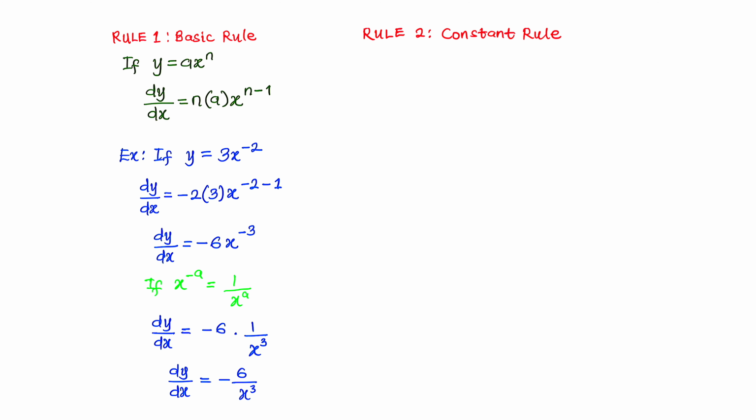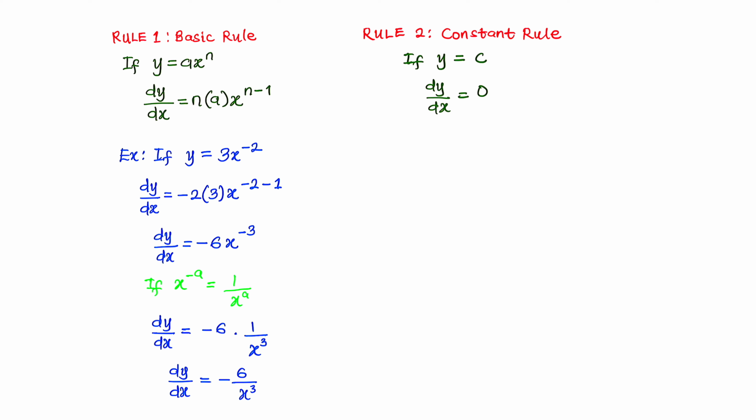The rule states if y equals c, c represents a constant, then dy/dx equals 0. That is, if we differentiate y with respect to x, the answer will be 0.